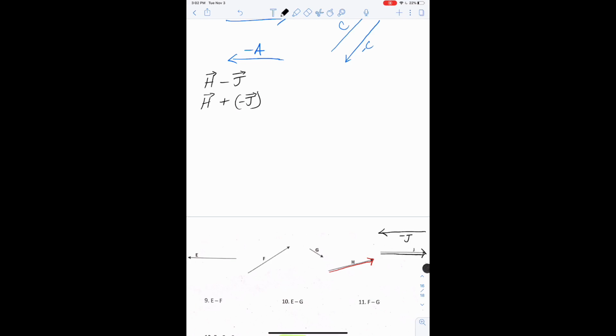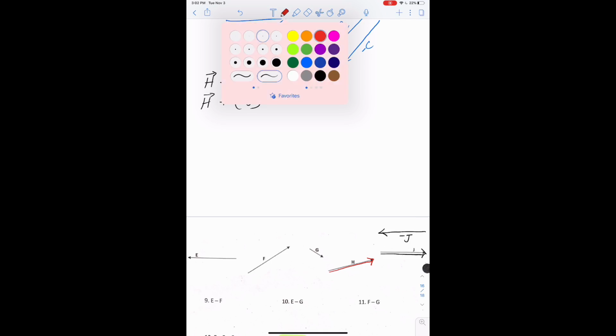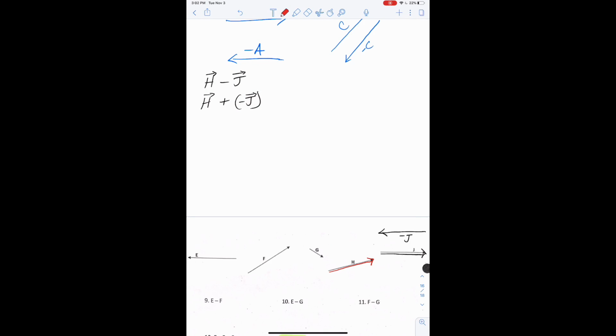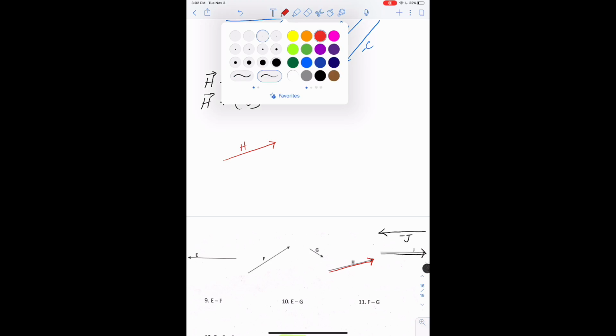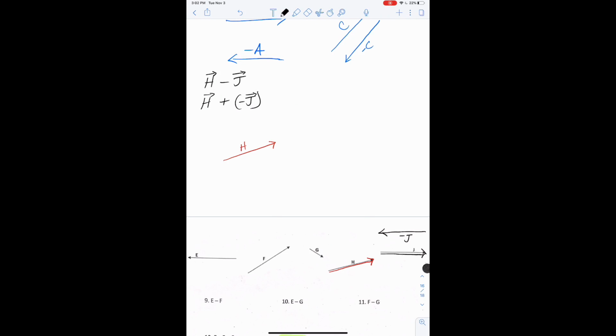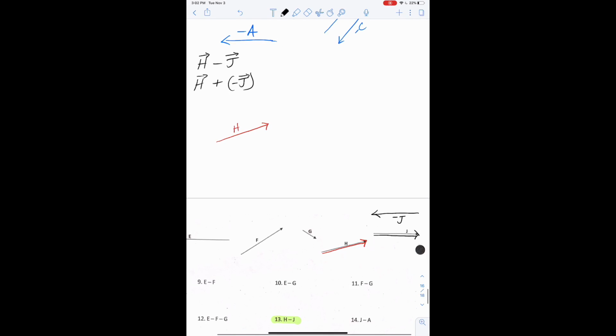So let's go ahead and add that. Let's put H and negative J head to tail. I'll go ahead and draw H. I'll go ahead and draw negative J head to tail with H. I think it's going to look something like, I'm not sure if it's going to stretch all the way.